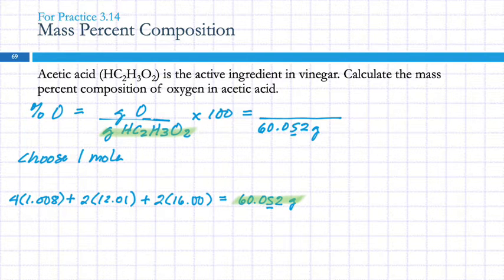We wrote out the calculation, and so it's actually sitting right there. It's this thing right here. That is the grams of oxygen in 1 mole. So you could multiply that out and write 32 in the numerator, or you could just write it like that, 2 times 16 grams, times 100.